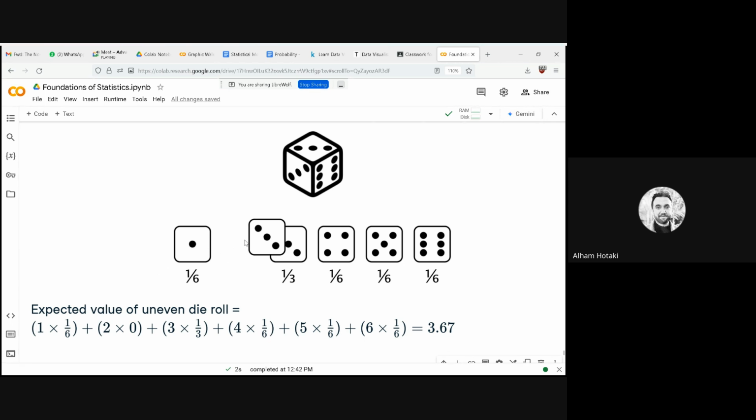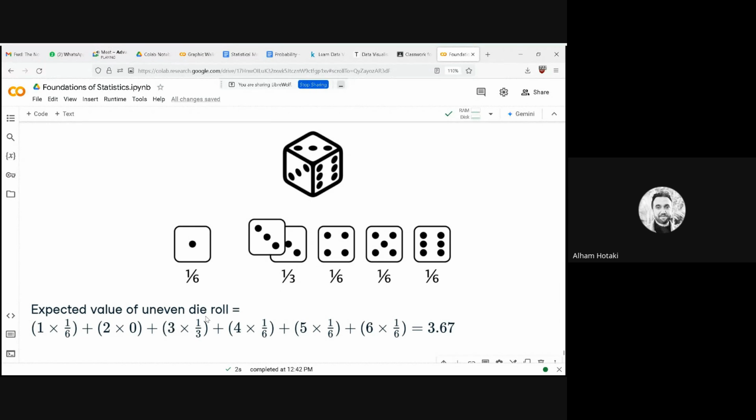Second time when we roll, number 2, which is the second face, is not appearing. So that's 0. Number 3, look at this. In number 3, not 1.6, but 1.3. Why 1.3? Because the probability of number 3 is twice, because number 2 is not appearing.